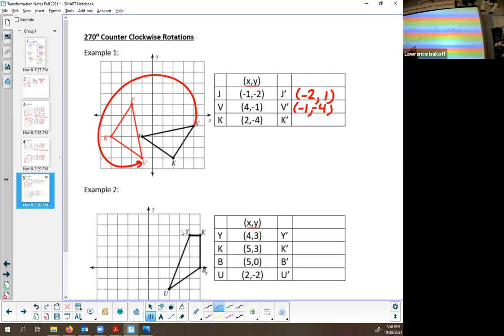And then K prime is now at -4, -2. Anything you guys notice with this pattern here? What sort of pattern do you notice with the points?